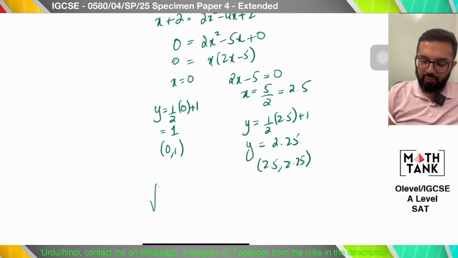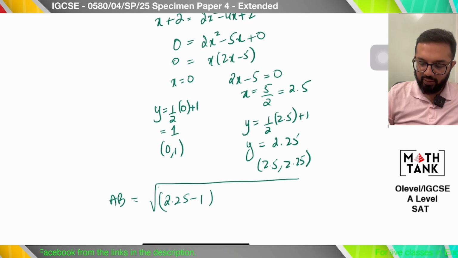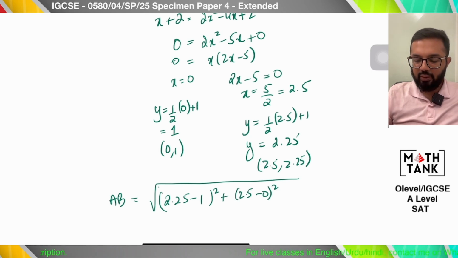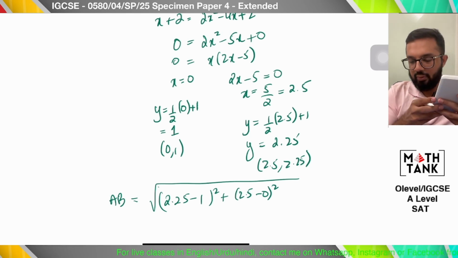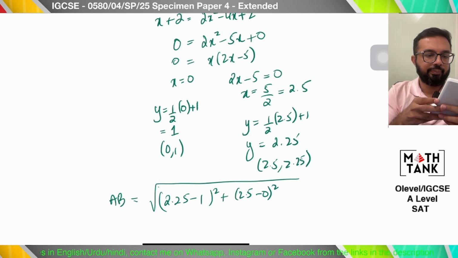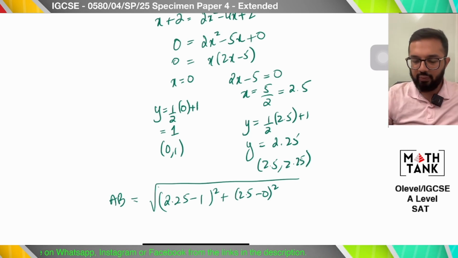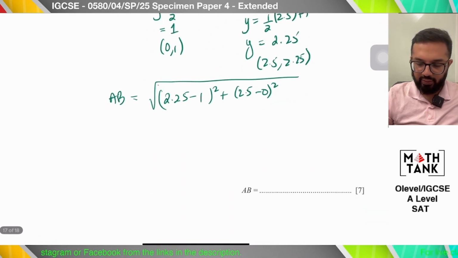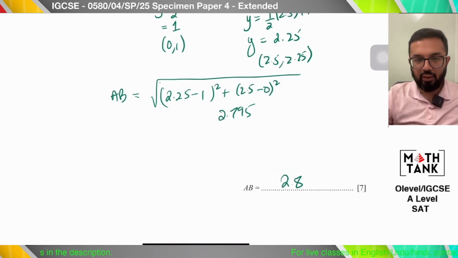Then the distance AB is just y2 minus y1 whole squared plus x2 minus x1 whole squared. See what we get. We get 2.795, 2.80, I think. 2.795, that should be 2.8.